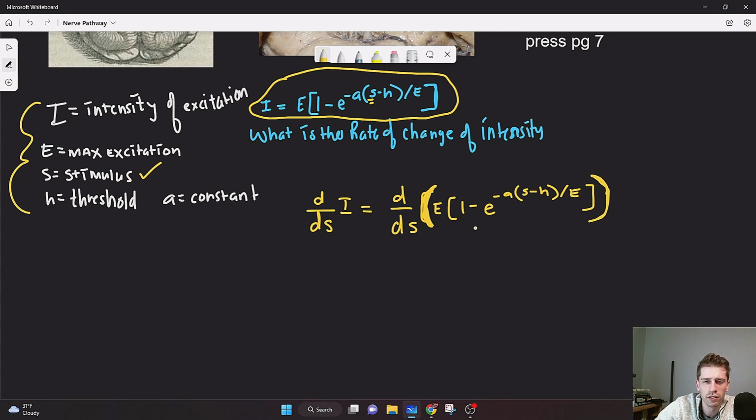We want to find the derivative, like I've said multiple times now, of this portion.